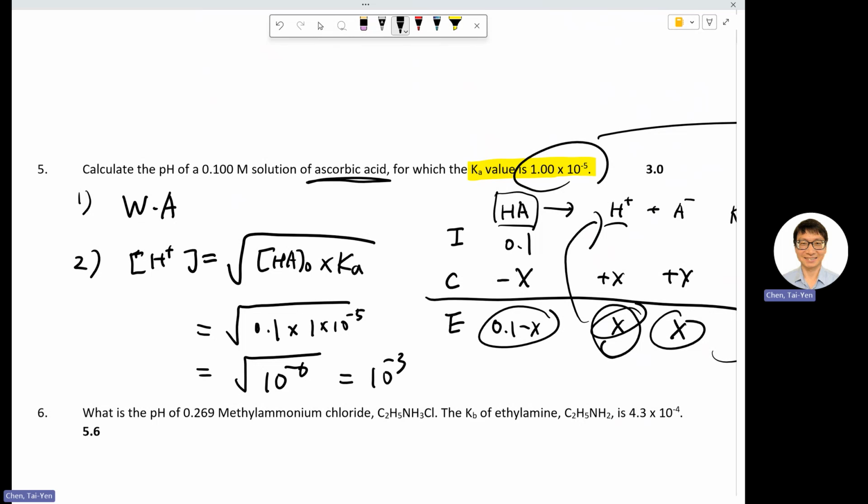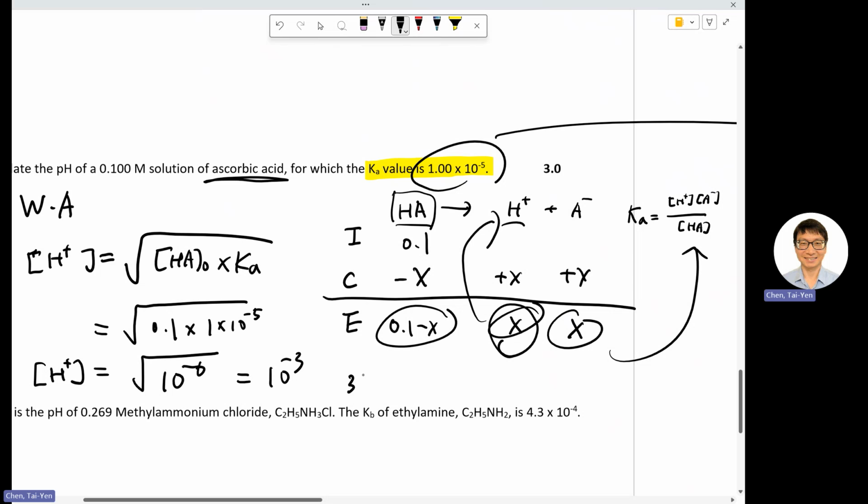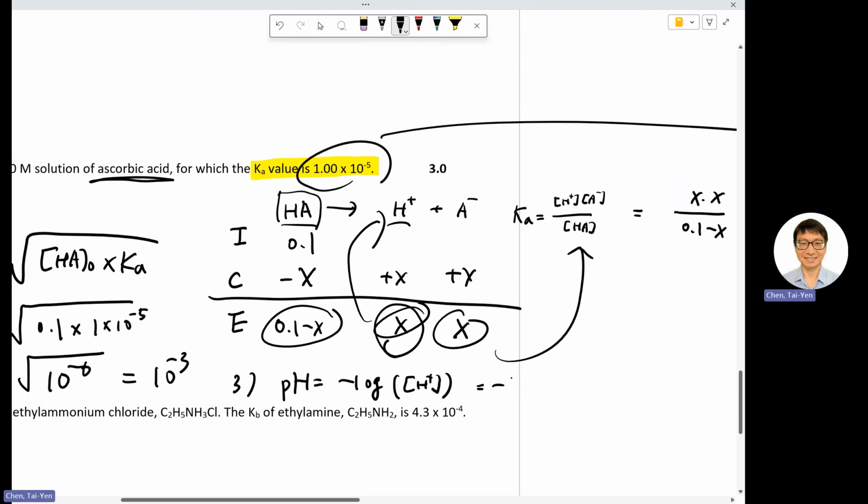That's actually your proton concentration. Okay, then step number 3, pH equals negative log of your proton concentration. It's going to equal negative log 10 to the negative 3. That gives you the final answer of 3.